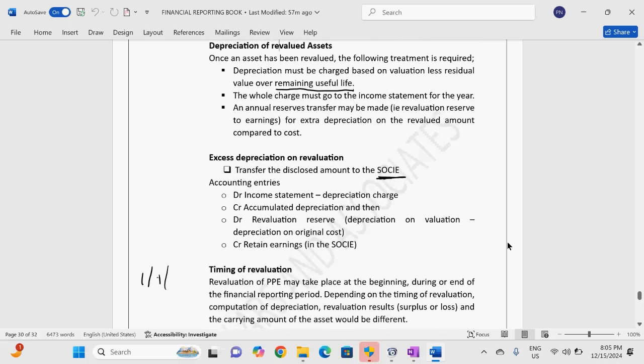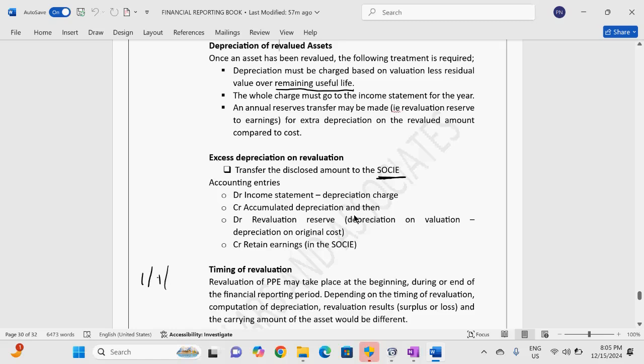So yes, excess depreciation on revaluation. Transfer the disclosed amount to the statement of changes in equity.